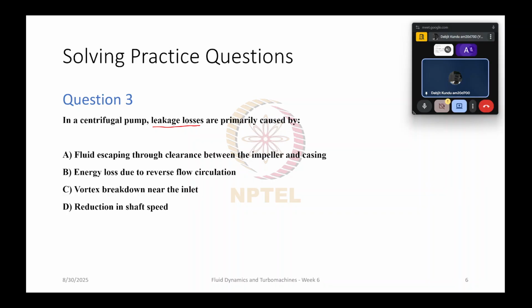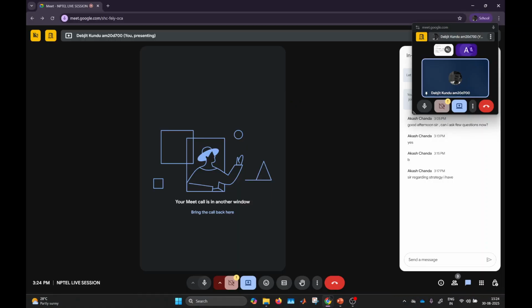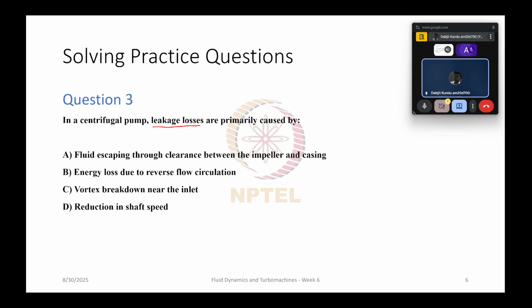Or is it option D, reduction in shaft speed? What do you think?